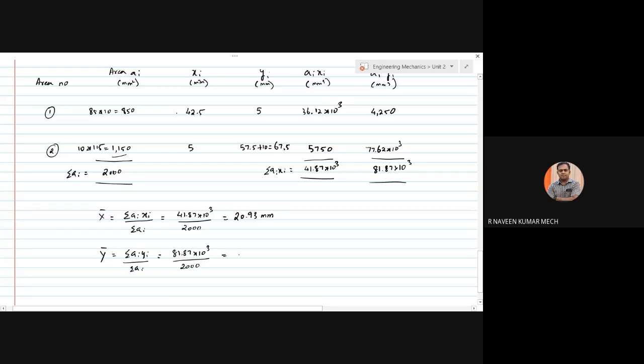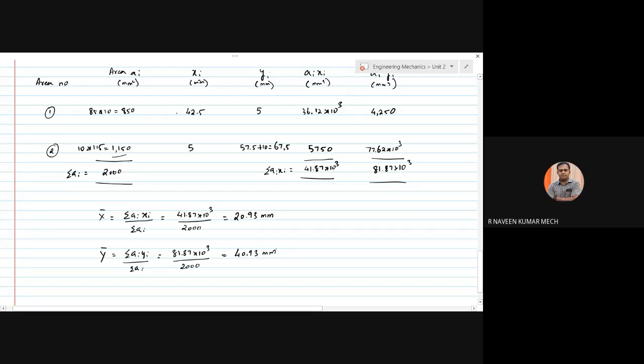We get the value 40.93 mm. Okay, that is the answer: x bar and y bar.